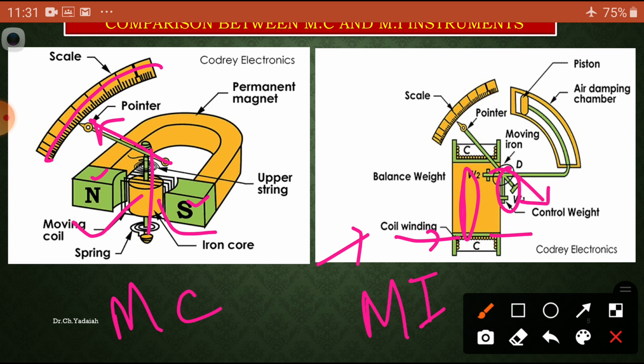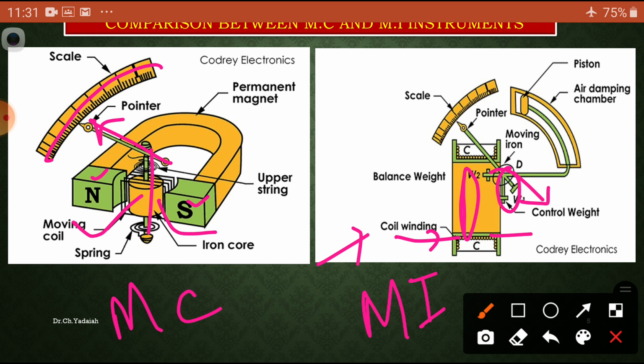Due to this, we have observed that the scale is not uniform in the case of moving iron instruments, because theta is directly proportional to the square of the current. It is a non-linear value, whereas in moving coil instruments theta is directly proportional to the current. The scale is uniform.